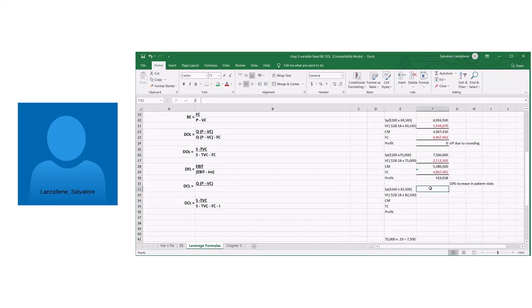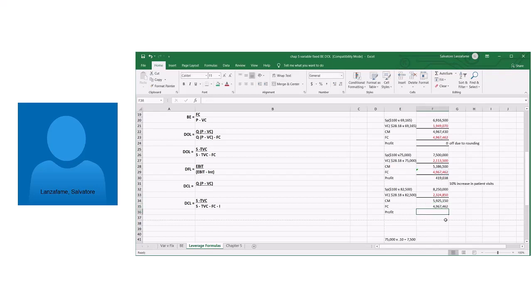Okay, so let's finish the comparison here. With the number of visits now increased by 10%, the sales are now 8,250,000. The variable cost is 2,324,000 and 850, giving us a contribution margin of 5,925,150.